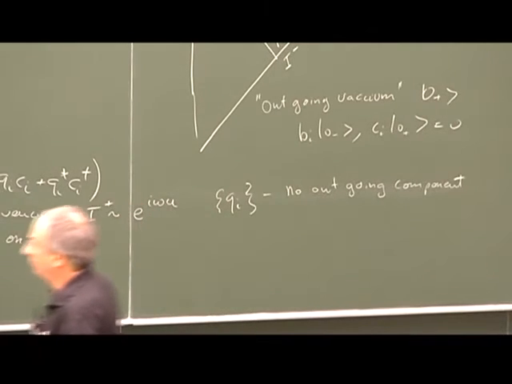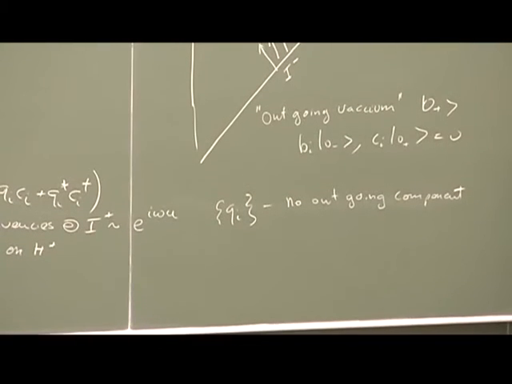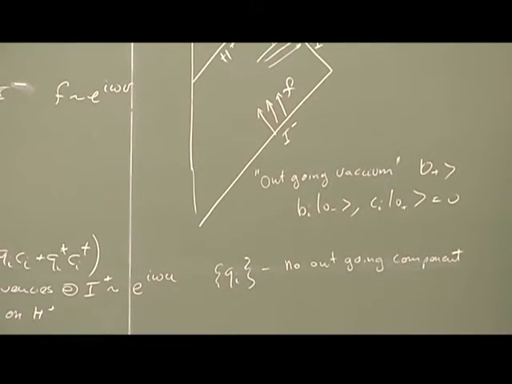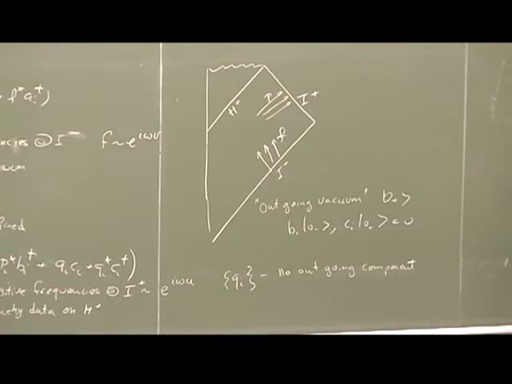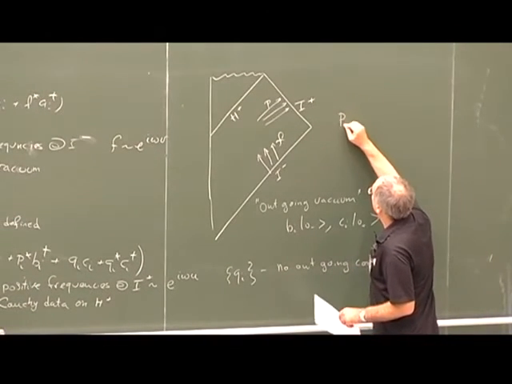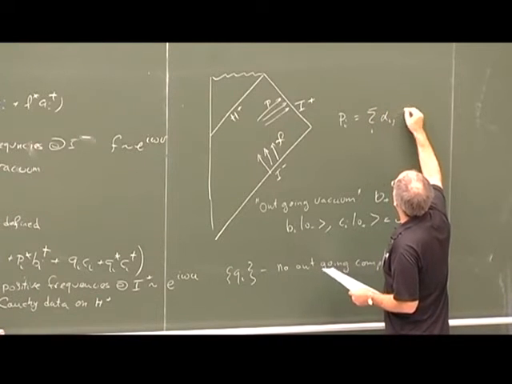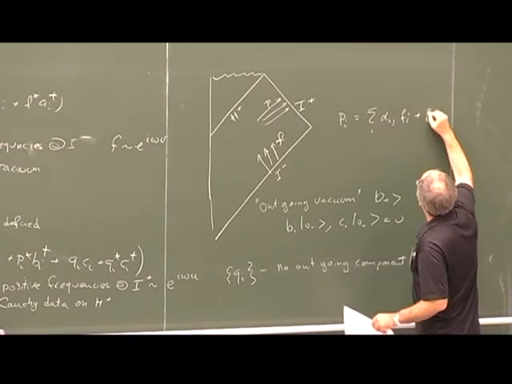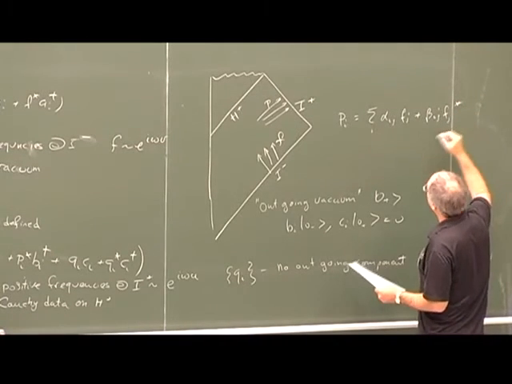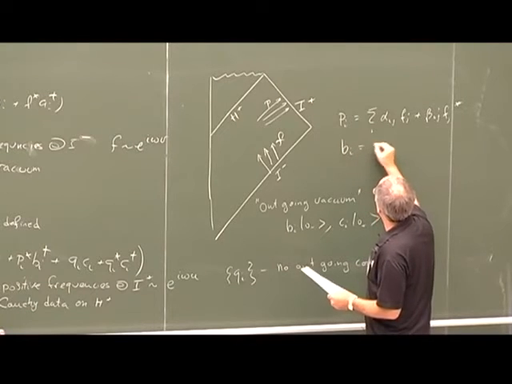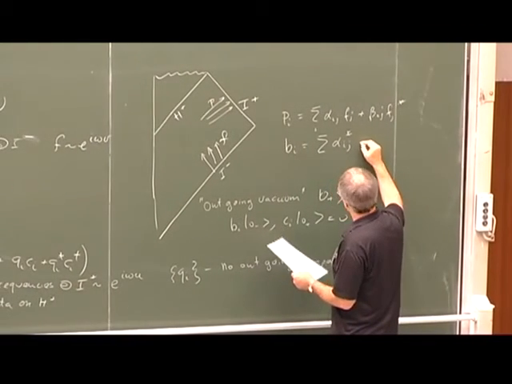Now, because F is complete, I can express the P's in terms of the F's, and the B's in terms of the A's, as a linear combination.